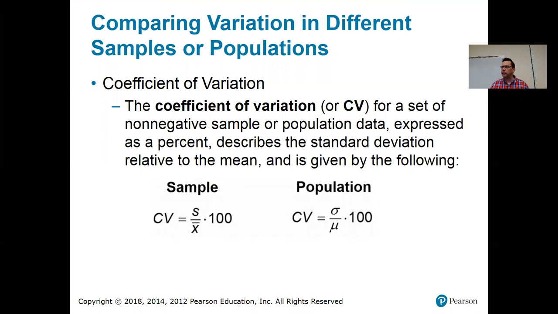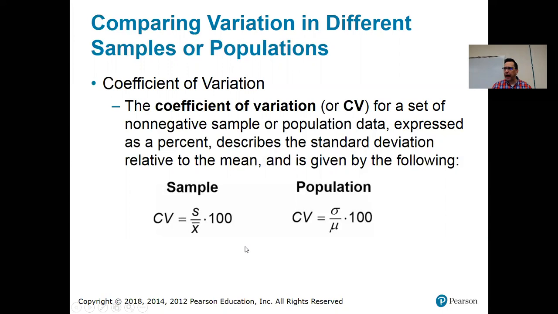Because remember, the standard deviation is expressed in the same units as the mean. So for example, if the mean is in inches, the standard deviation is also going to be in inches. So it expresses the standard deviation as a percentage of the mean, okay? Which again is good if you're comparing different samples or different populations.